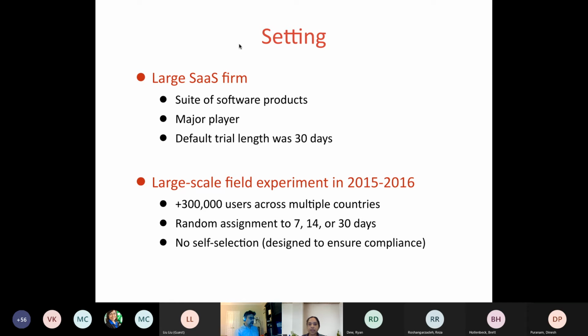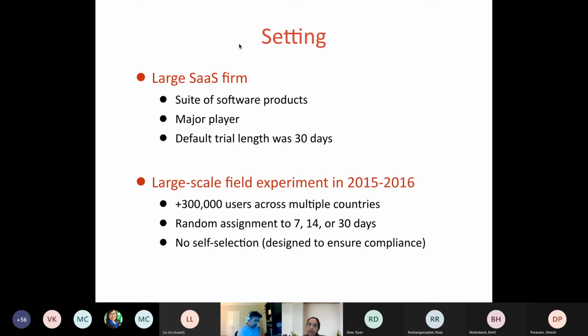At the time of the study, they had a default trial length of about 30 days. And the firm really wanted to understand what was the right trial length that they should be assigning to customers. So they ran a large-scale field experiment with over 300,000 users from multiple countries.